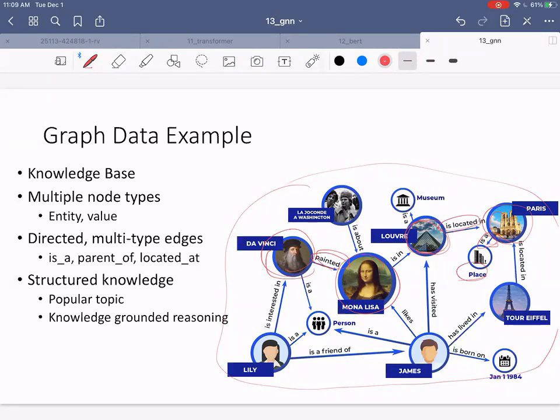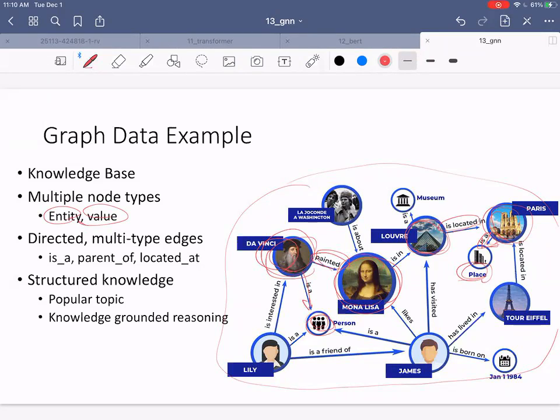There are two node types: entity types and value types. Mona Lisa and Da Vinci are entity types. Value types are like person, so Da Vinci is a person, and Paris is a place. The edges are directed and multi-type.